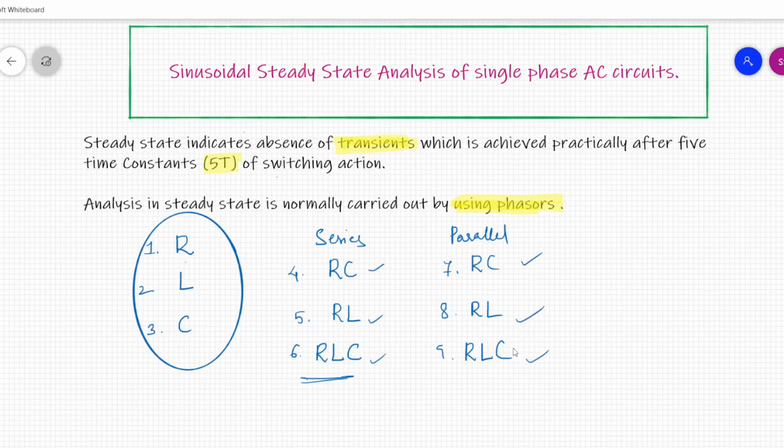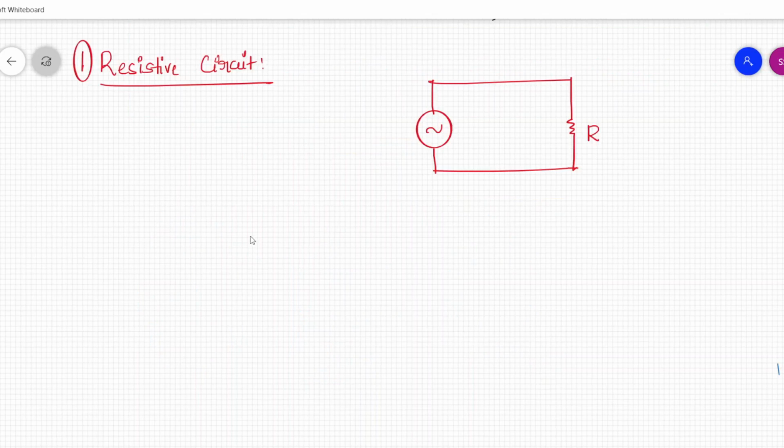Let us see the resistive circuit behavior. Here we have applied single phase AC supply, represented with single phase AC and frequency 50 Hz. There will be a current through the resistor, that is IR, and a voltage across the resistor, that is VR.